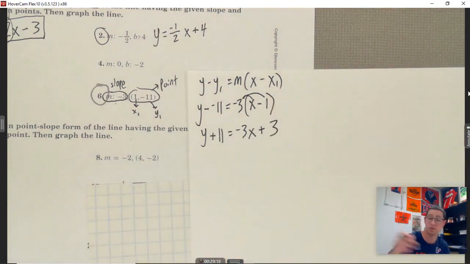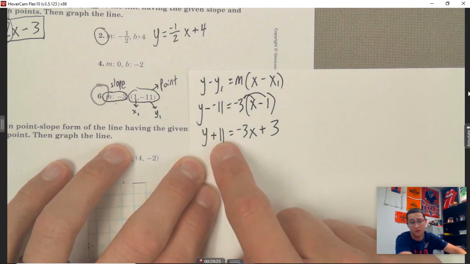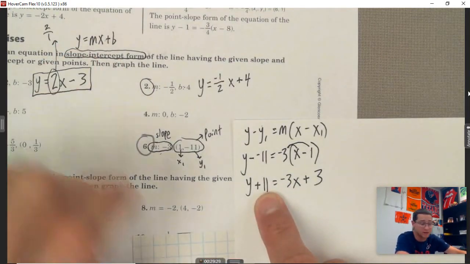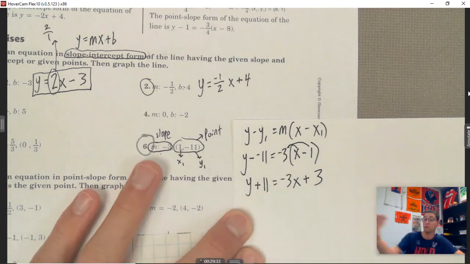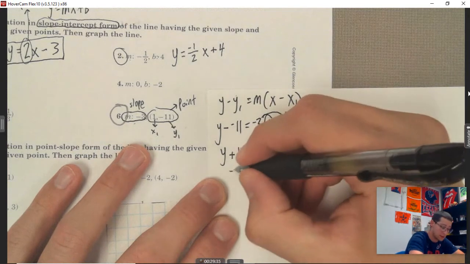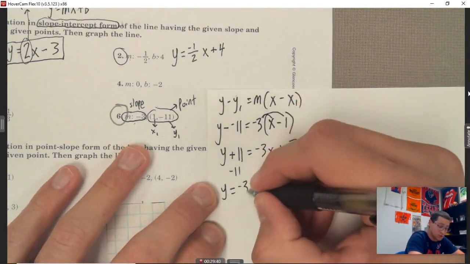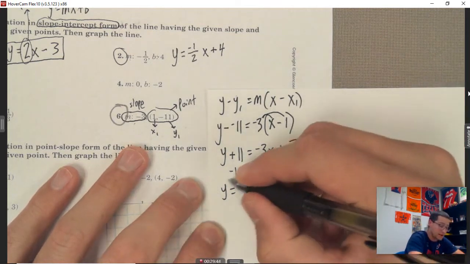So no parentheses. I'm so close. The only thing that I don't have is that I have y plus 11. I just want y. Remember, slope-intercept form is just y by itself. Well, how can we get rid of that plus 11? We are adding 11, so in order to get rid of it, we will subtract 11. So I end up with y equals negative 3x, 3 minus 11, so minus 8.